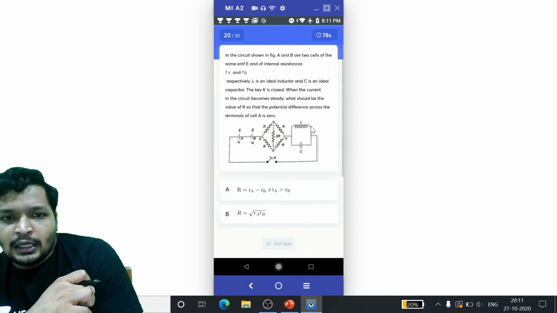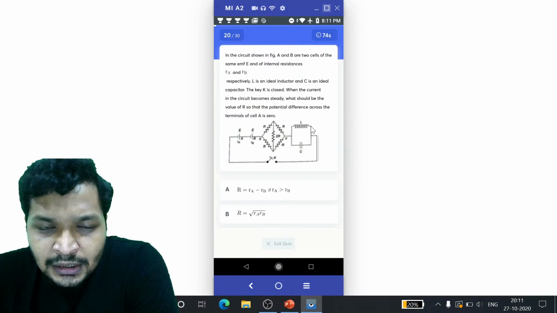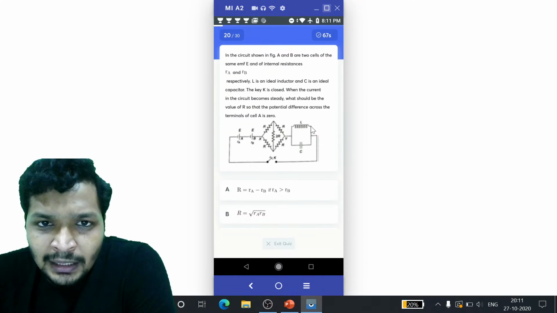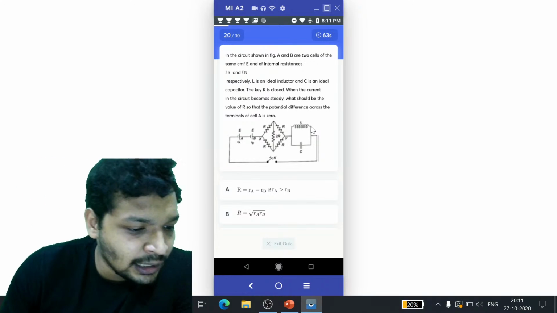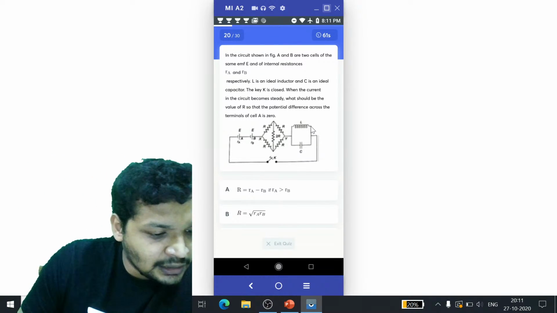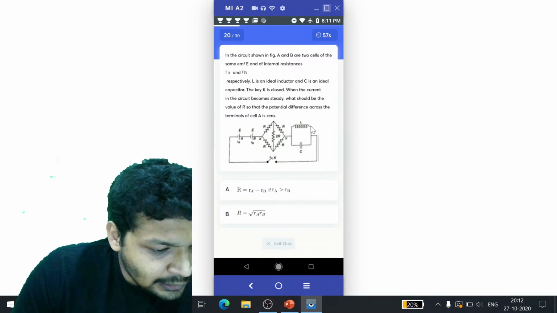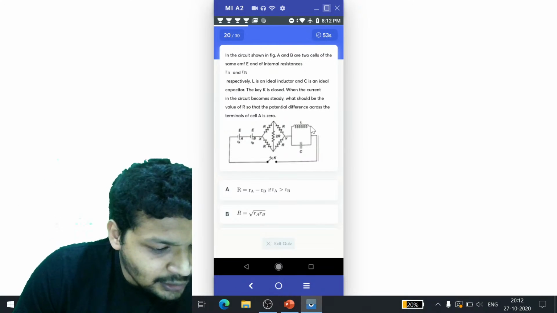Alright, this is a lengthy question. In the circuit shown in the figure, A and B are two cells connected in matching polarity, and they have internal resistances RA and RB. L is an ideal inductor, C is an ideal capacitor, and the key is closed.